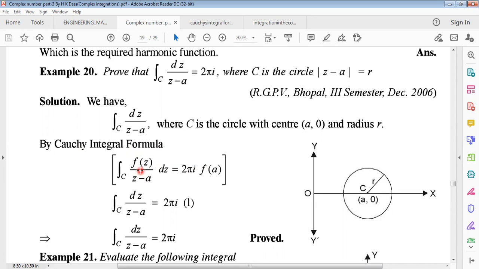By cross multiplication, multiplying 2πi on both sides, we get this line. Understand?